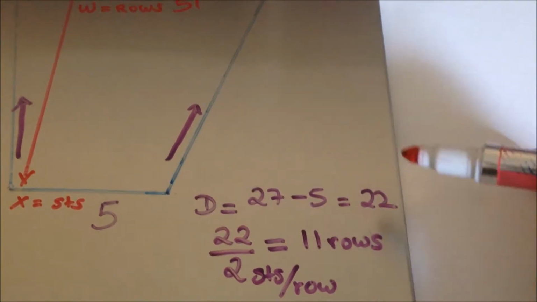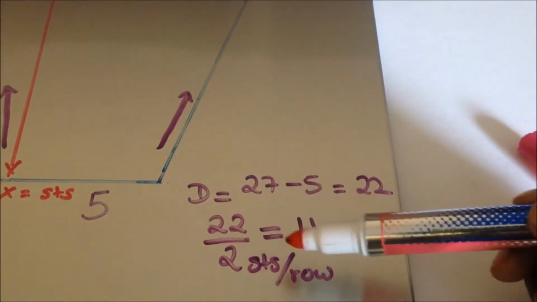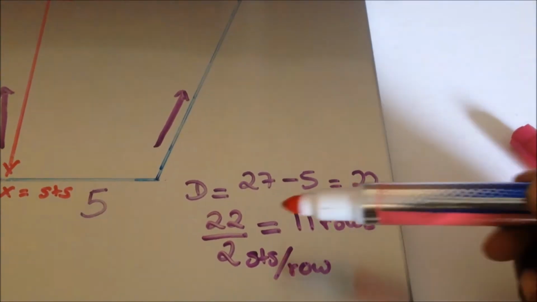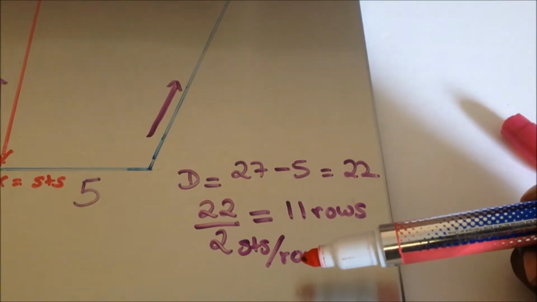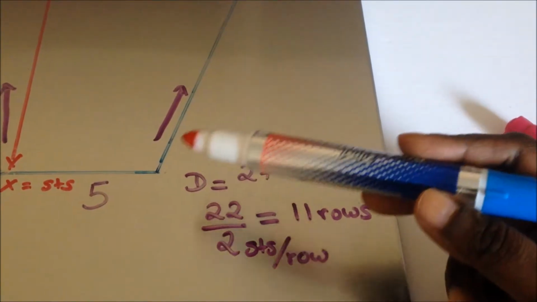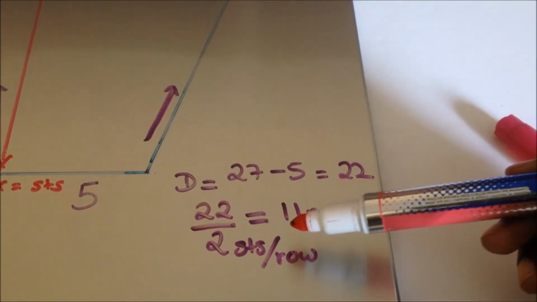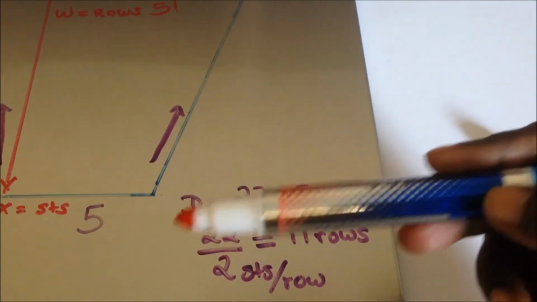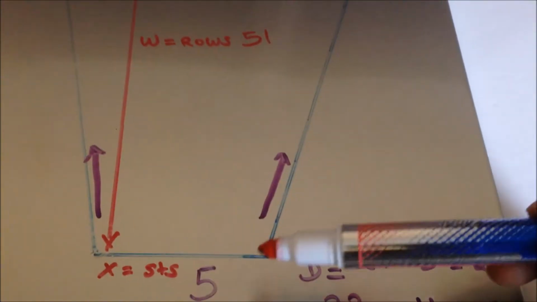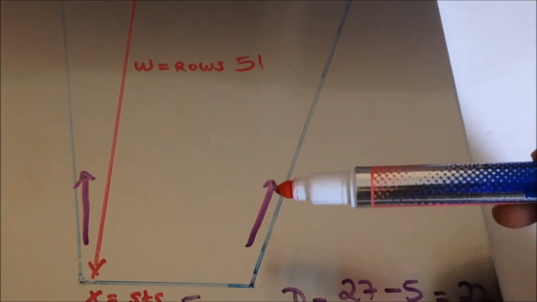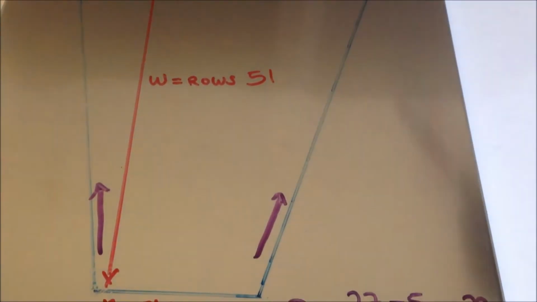I do the difference, and I get 22. Because I'm increasing on both sides, that's 22 stitches divided by 2 stitches per row, because it's 2 stitches per row that I'm increasing, and I would end up with 11 rows that I would have to increase over.